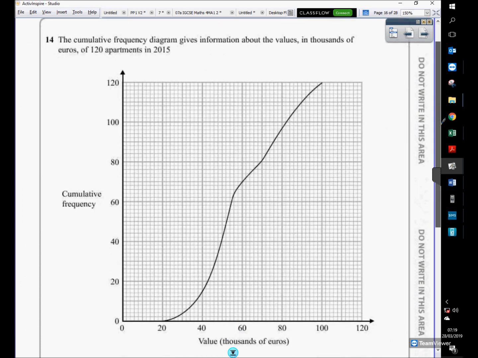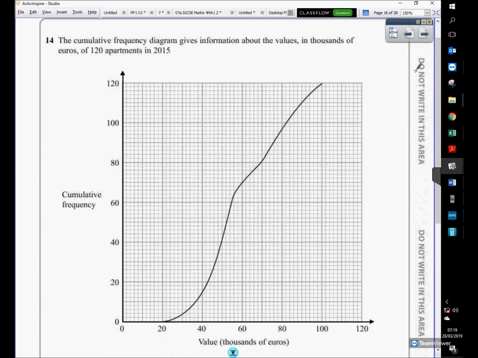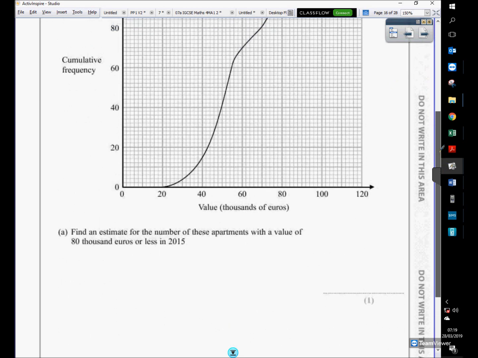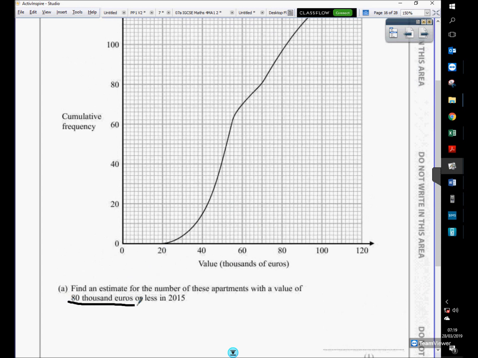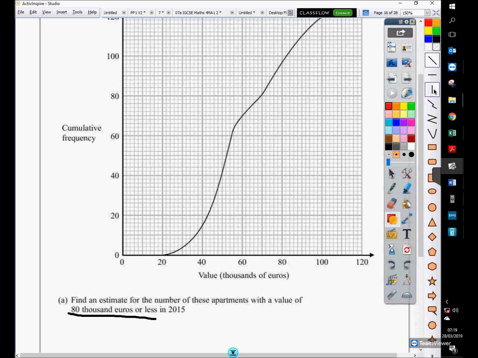Next question. We have a cumulative frequency curve. Just got to watch out for this bit here as well. Okay, find an estimate for the number of these apartments with a value of €80,000 or less. So find €80,000. Draw a line up like this and across.